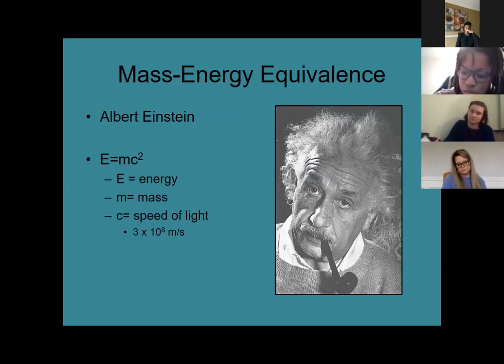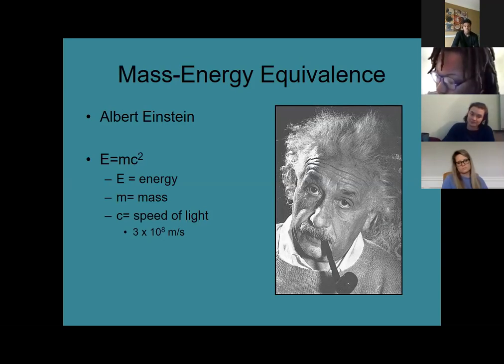Einstein is a very famous physicist who came up with the concept of mass energy equivalence and developed his theory of relativity. Part of that theory of relativity is this mass energy equivalence statement, or equation. He says the energy is equal to the mass of an object times the speed of light squared.